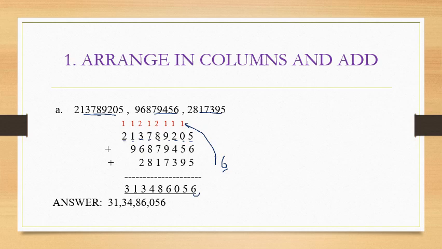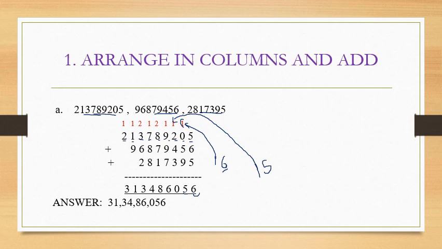Now here 0, 5 and 9. 0 plus 5, 5. 5 plus 9, 14. Now this 1 also you will add to 14. 14 plus 1, 15. So 5 you will write here and again this 1 you will shift to the next place.